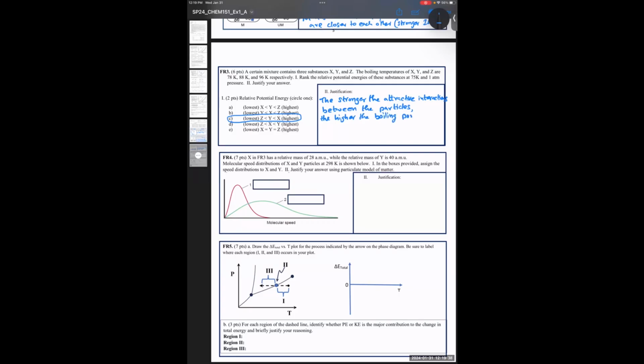It's not just the boiling point, melting point, density, viscosity, all of those will be higher. But anyway, this is boiling point for this particular question. Higher the boiling point.